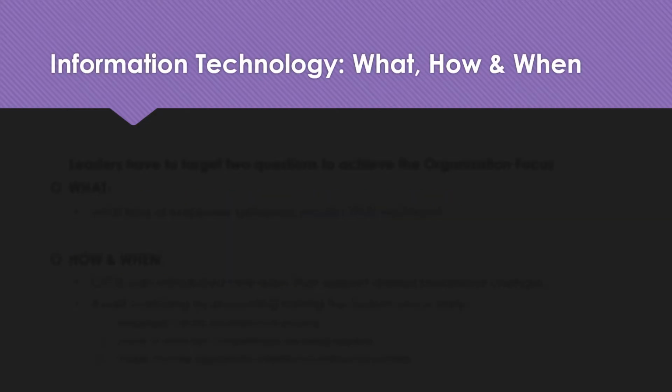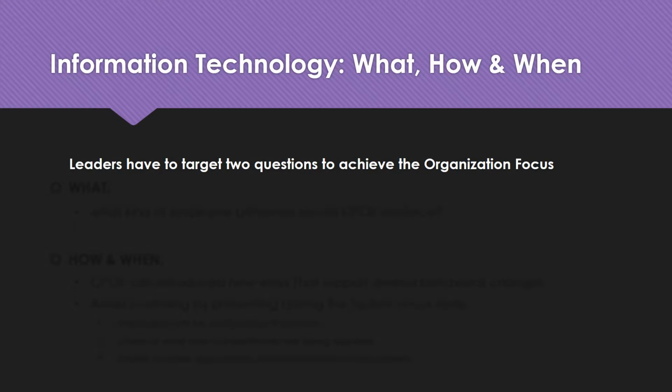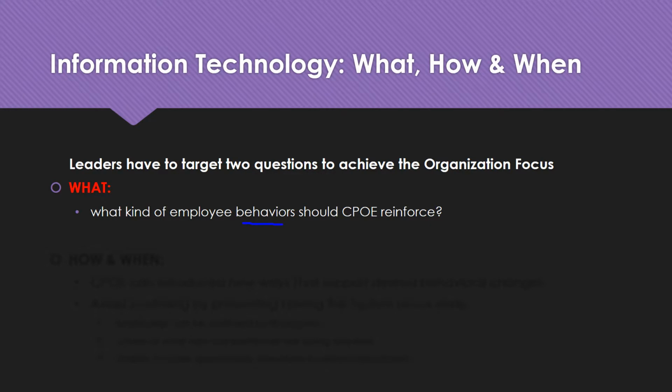So, how will we have information technology, what and when. First of all, leaders have to target two questions to achieve this focus. What is needed exactly from this information technology? We need to enhance the behavior of employees.